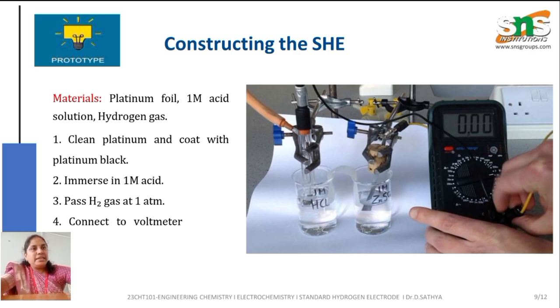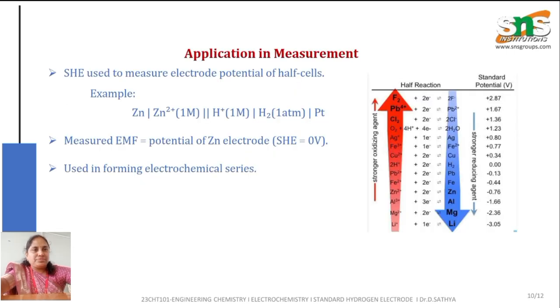For constructing the standard hydrogen electrode, we clean the platinum foil, coat it with platinum black, immerse it into 1 molar acid solution, that means HCl solution, and pass hydrogen gas at 1 atmospheric pressure, and connect to the voltmeter.